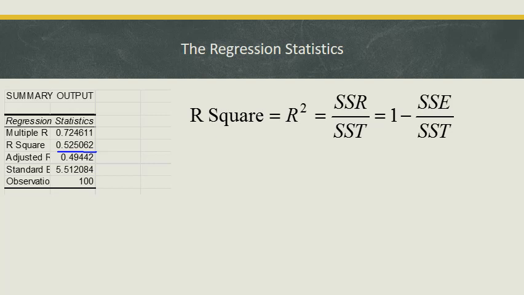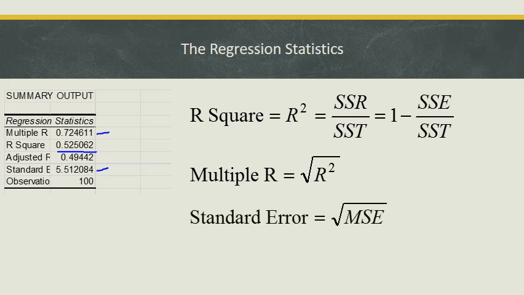The row called multiple R is just the square root of R squared. In simple linear regression, this would be the absolute value of the sample correlation. In multiple regression, it doesn't really have much meaning. And then the row called standard error, sorry the name got cut off, is the square root of the MSE.